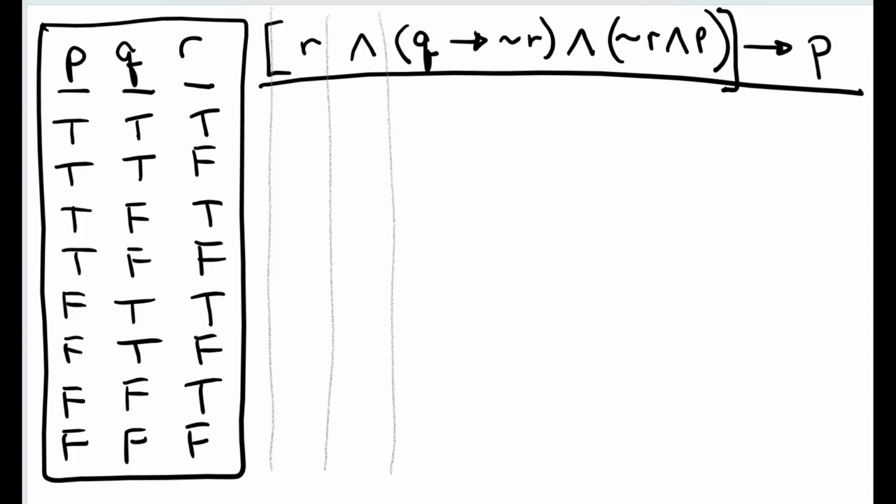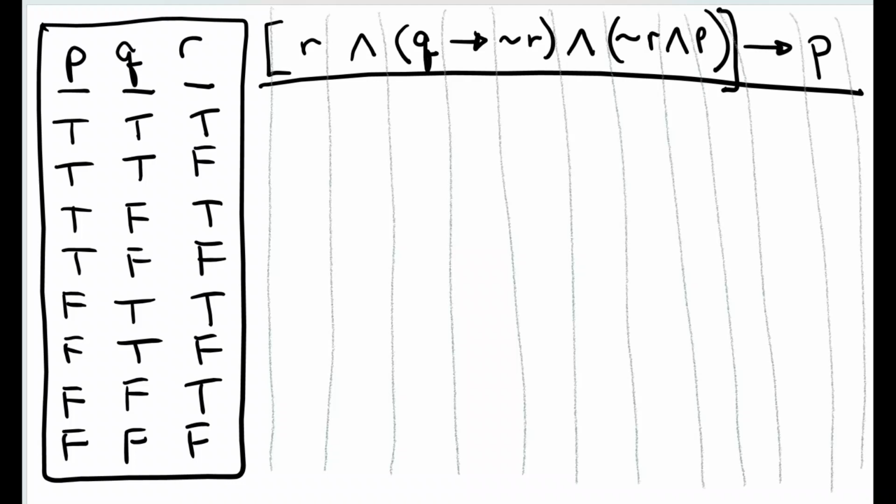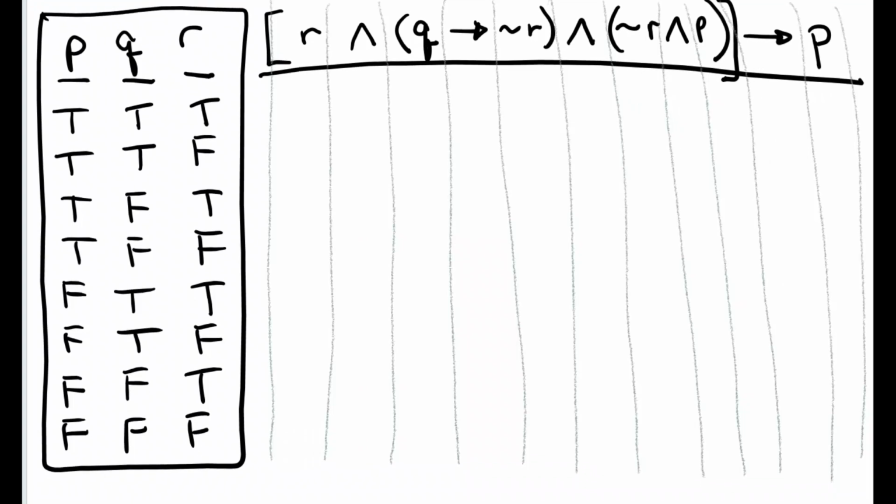So R gets a column by itself, then the and, then the Q, the if then, the negation of R, the and, the negation of R, the and, this P, the if then, and the P. Hope it's all on the screen. It is. Okay. And then I'm going to go over and let's see. Do I have any P's? I have 2 P's.